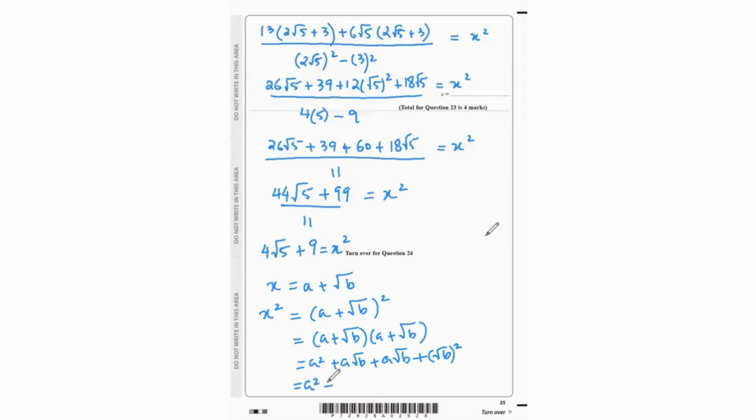That gives a squared plus 2a root b plus b. Now this is what x squared equals. We over here know that x squared equals 4 root 5 plus 9, which means 4 root 5 equals 2a root b. So b is going to be 5 and a is going to be 2.